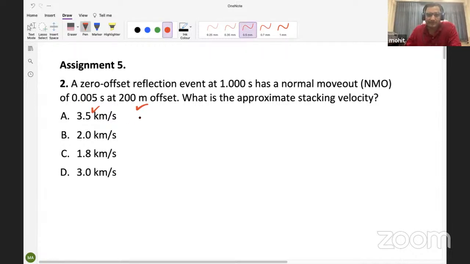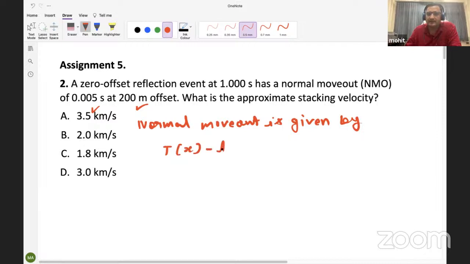But just for the sake of solving this question and finding the stacking velocity, we know that the normal move out is given by a formula: T of x minus T naught equals the square root of x squared divided by v bar squared, where v bar is the stacking velocity that we are supposed to find, plus T naught squared, minus T naught.